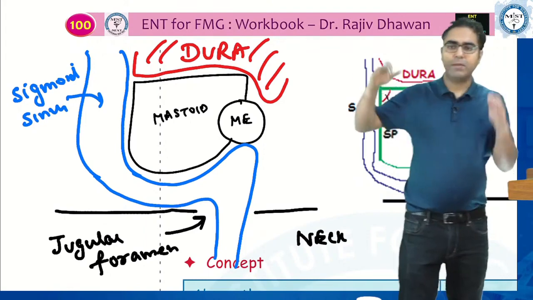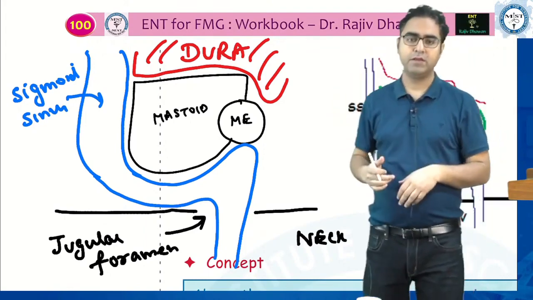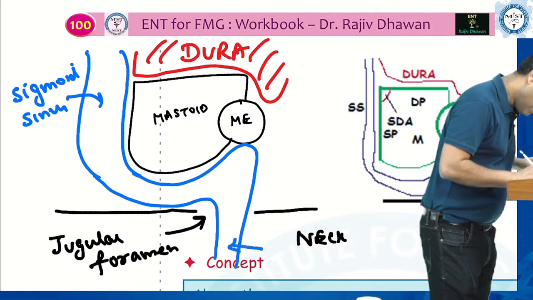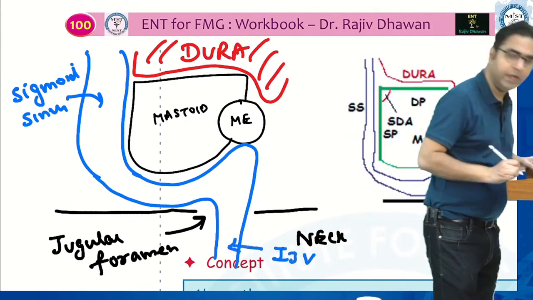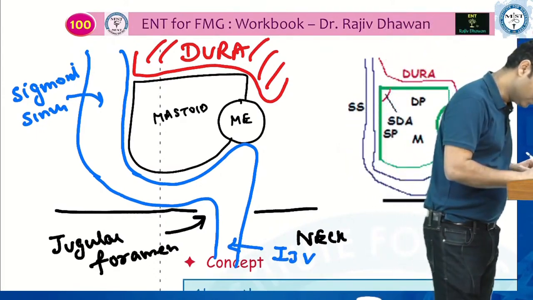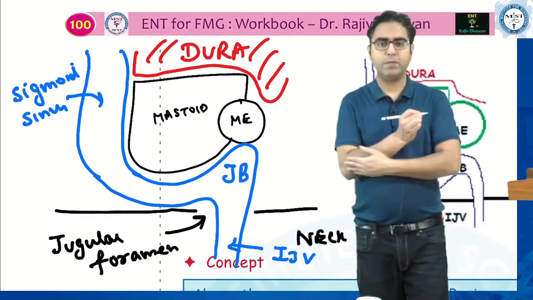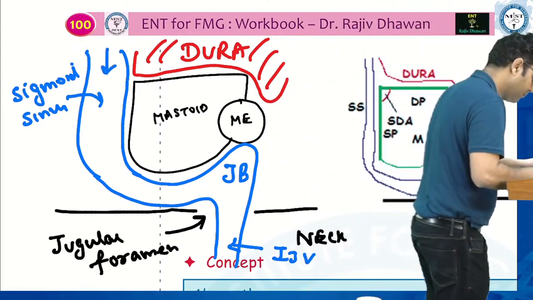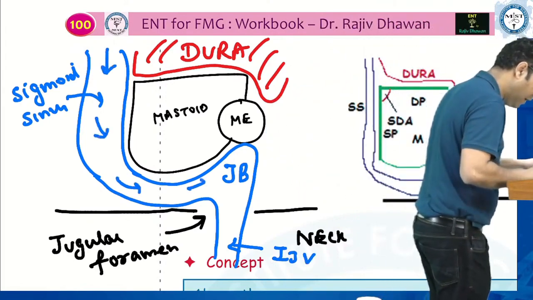After the jugular foramen, you come down in the neck, beta. In the neck, this is called the IJV, internal jugular vein. And this dilatation is called the jugular bulb, beta. This is the venous flow of the brain, the venous drainage of the brain, beta.